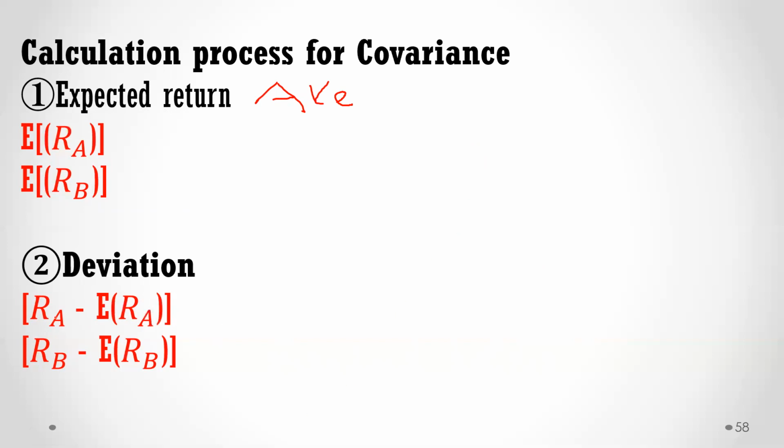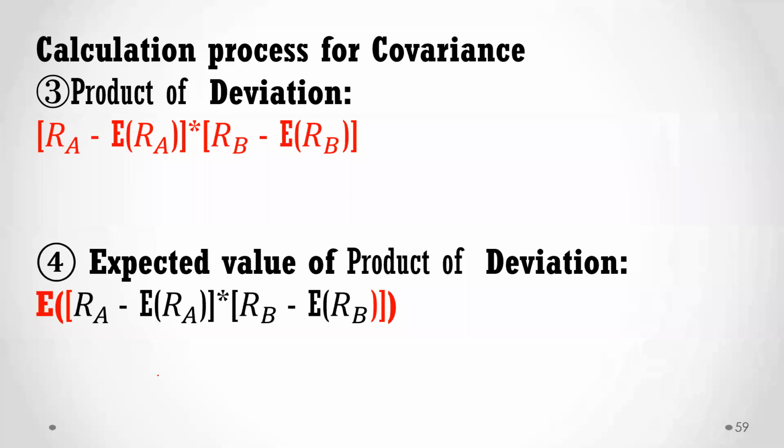So when RA is 5%, what is the deviation compared to its mean value? For B, we also calculate the deviation for each case. The next step is we calculate the product of RA's deviation and RB's deviation. This is the third step. And finally, calculate the average of the product of the deviation.